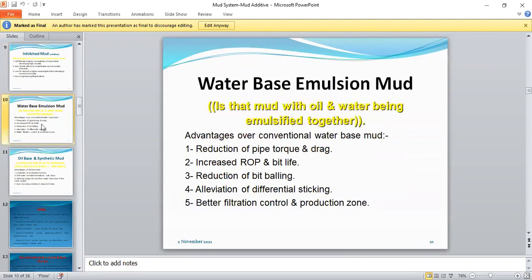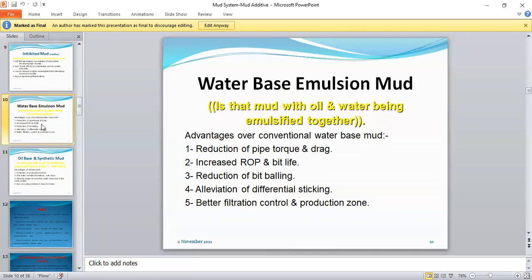Water-based emulsion mud is that mud with oil and water being emulsified together. Remember, I said water-based emulsion mud has some oil in it, not so much. The continuous phase or the base fluid is water, and you have oil inside.